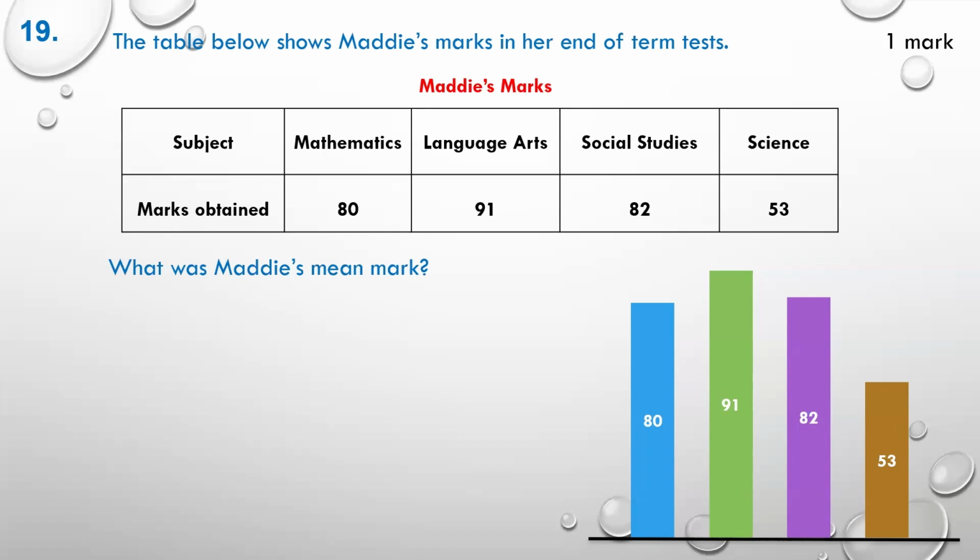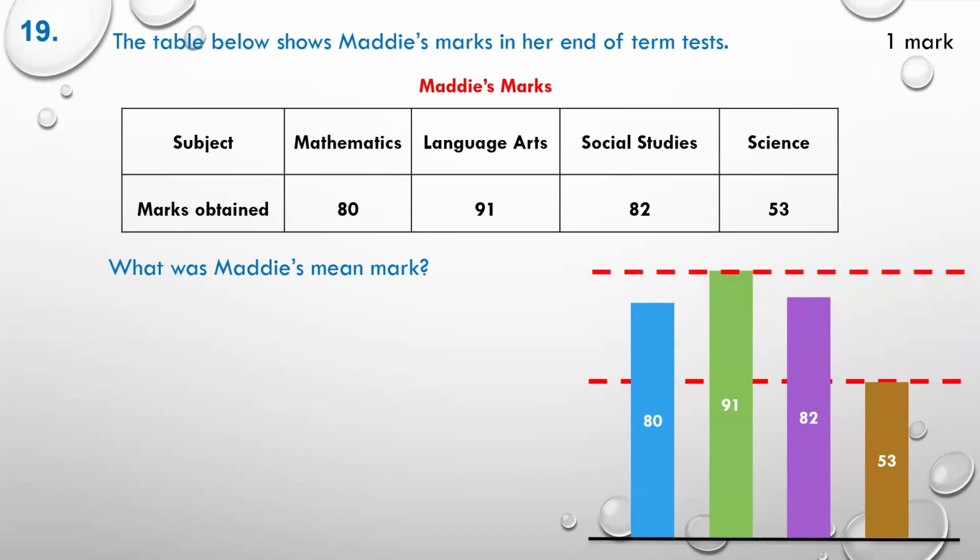So Maddie gets the same marks in every single subject. If that's the case, then could the mean be 53, the lowest mark? If we left 53 across, then we'd have extra blue in math, extra in language arts, extra in social studies. So the mean could not be 53.